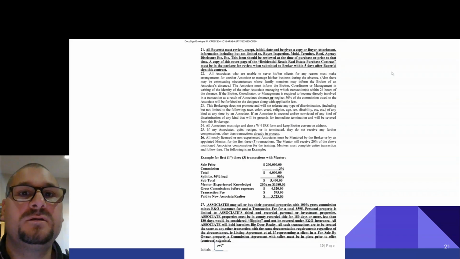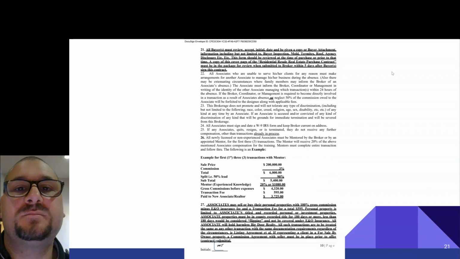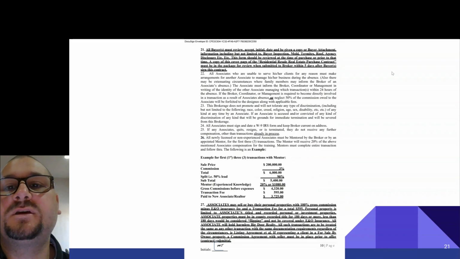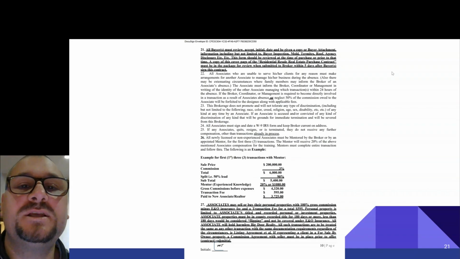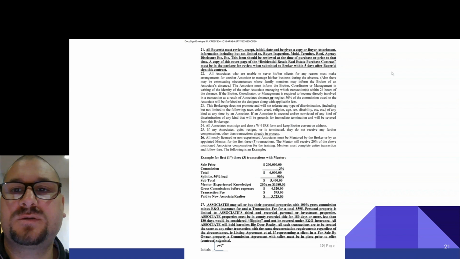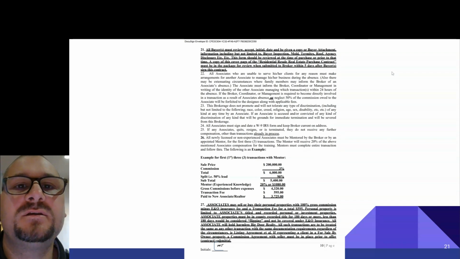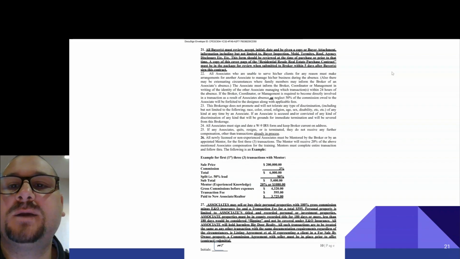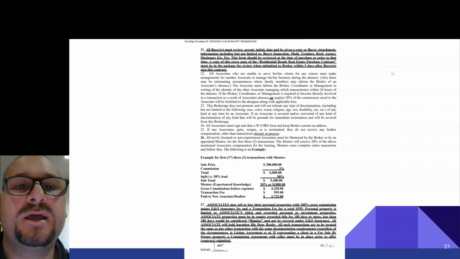On page 10, all buyers must review, accept, initial, date, and be given a copy of buyer attachment information, including but not limited to buyer inspection, mold, termites, roof, agency disclosure, etc. This form should be reviewed at the time of purchase or prior to that time.